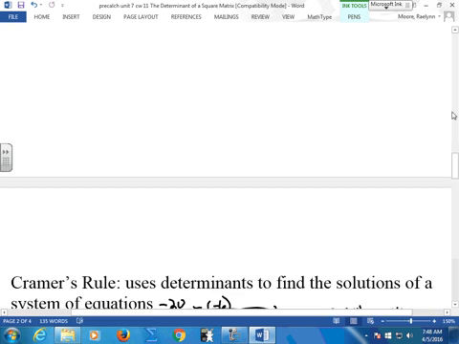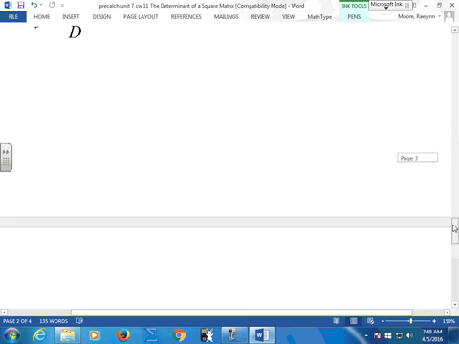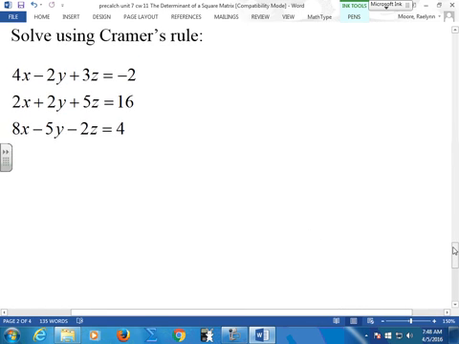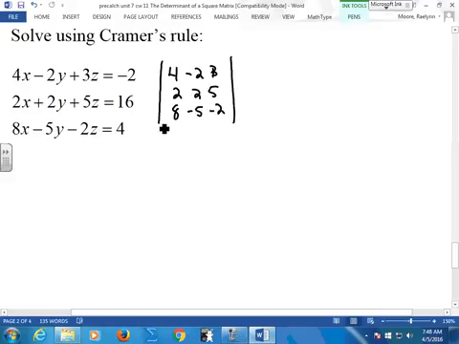So let's have you guys try one. Let's set up the matrices first. Okay, remember you're going to find a determinant. This is your major determinant.